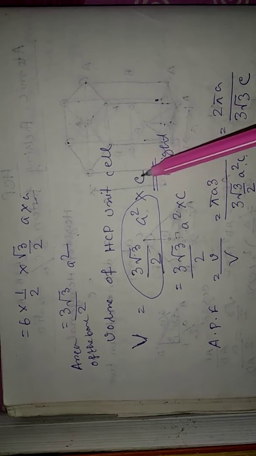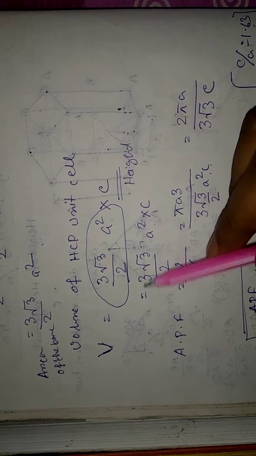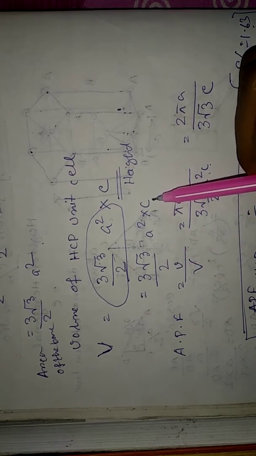We already discussed this in the first lecture video of the HCP crystal structure. V will be 3 root 3 by 2 A square into C.